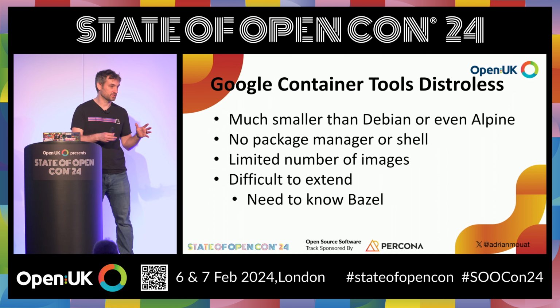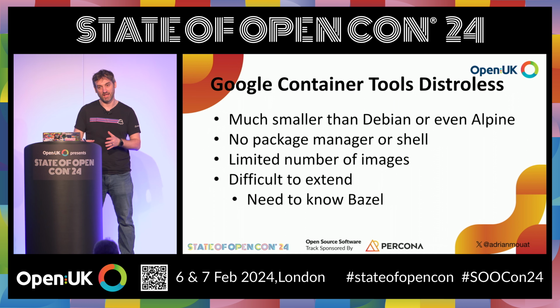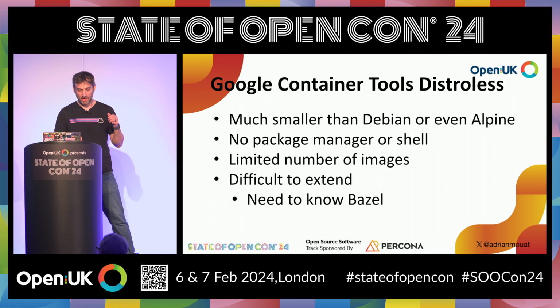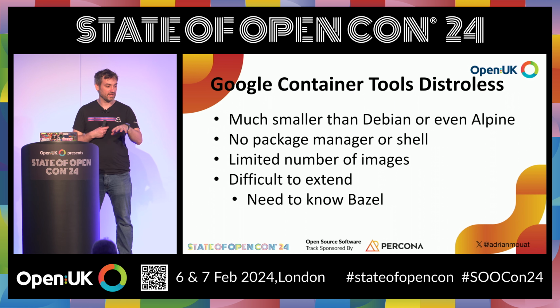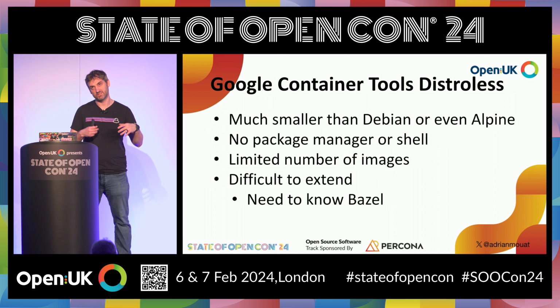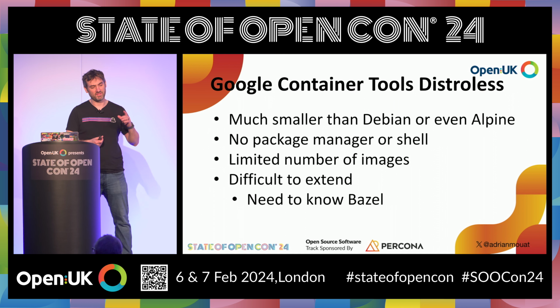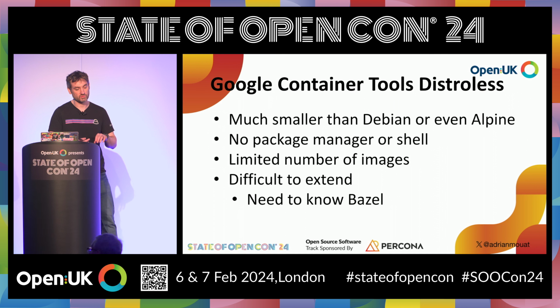So some of the things you expect to find in other images, it doesn't have. It really is completely stripped down. There are various base images or distroless images for different ecosystems, if you like. So there's a static image for putting your statically compiled binaries in. I think there's also a Java image, and there's also a Python image. But that's about it.